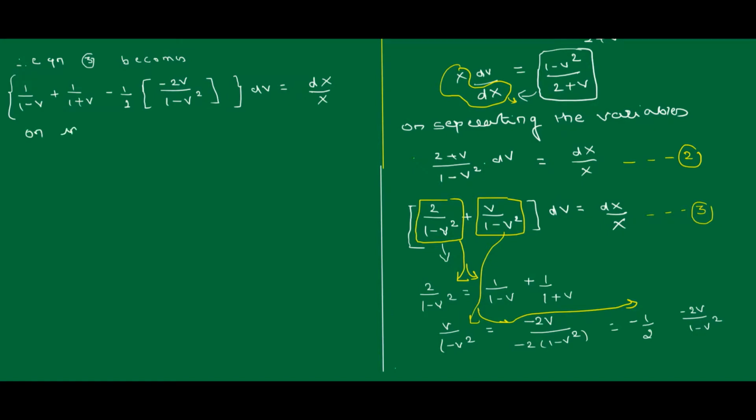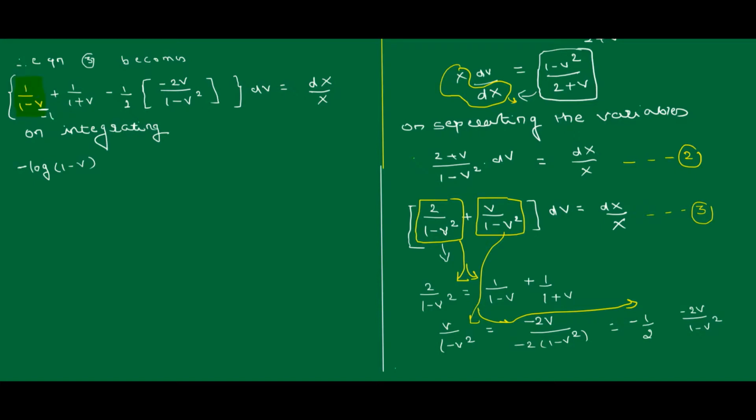On integrating, what is the integration of this first term? What is the integration of 1 divided by 1 minus v? Integration of 1 divided by 1 minus v is minus logarithm of 1 minus v, because differentiation of this minus v is equal to minus 1.